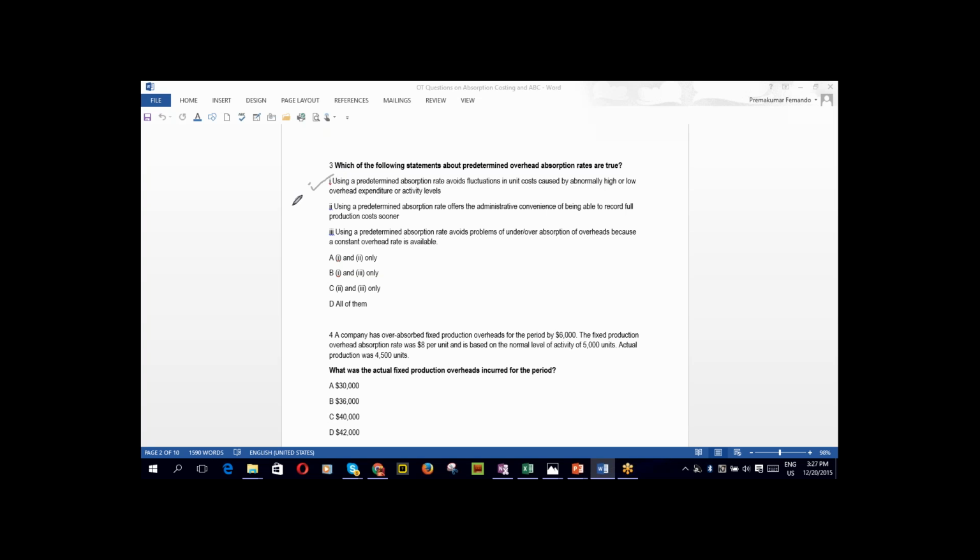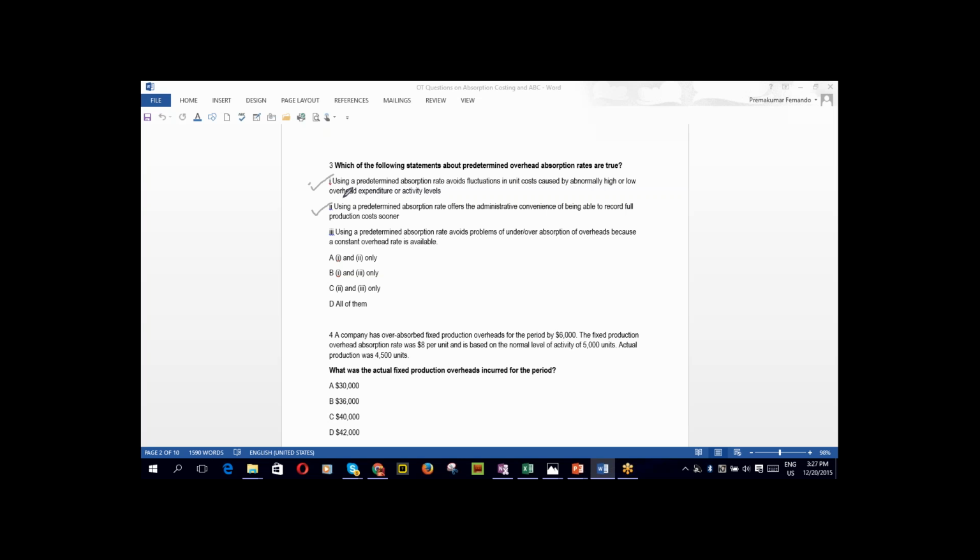So this is also right. Because we are using predetermined rates, you can record the full cost sooner. You remember we discussed why we do costing? To record the cost, to value the inventory, to do the pricing. So by predetermined, we can do it today rather than at the end of the month.